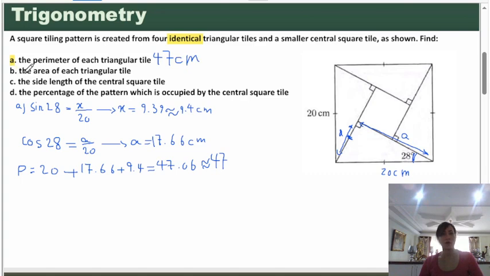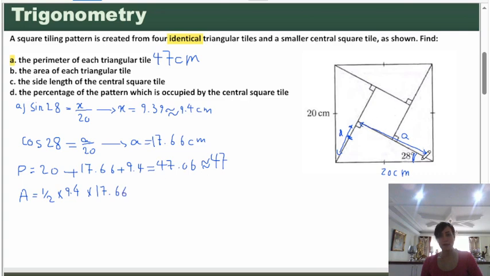I will go for part B. Part B asks for the area of each triangular tile. We know for a triangle the area is half base times height. So the area here is half of the base, 9.4, times the height, 17.66.